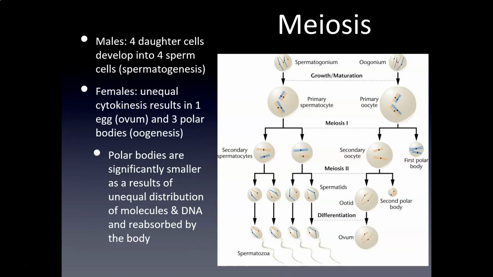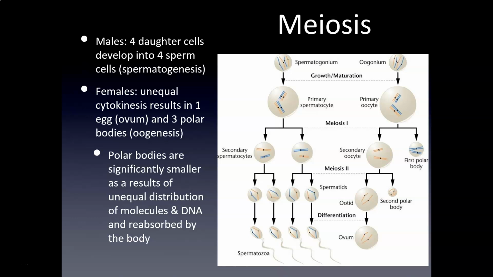Now, here's another interesting component to this. All of meiosis is meant to make sex cells, gametes, right? And we look at males versus females, and they each make different types of gametes. So the general principles of the stages of meiosis we just talked about occur the same way in males and females, right?